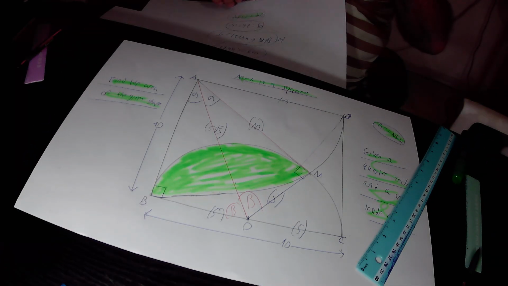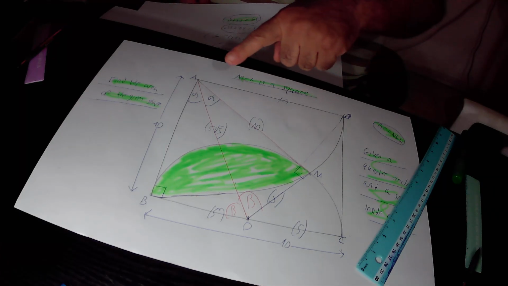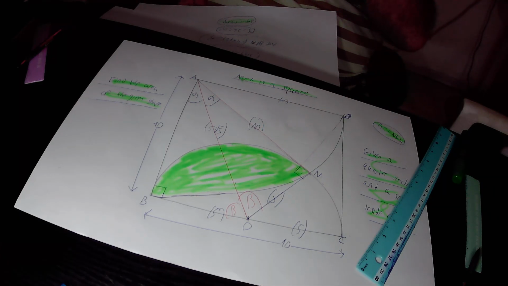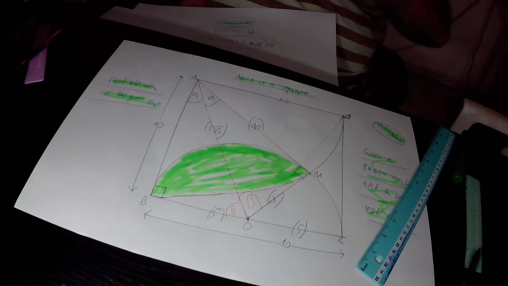In the right triangle ABO, the sum of the angles in a triangle equals 180 degrees.